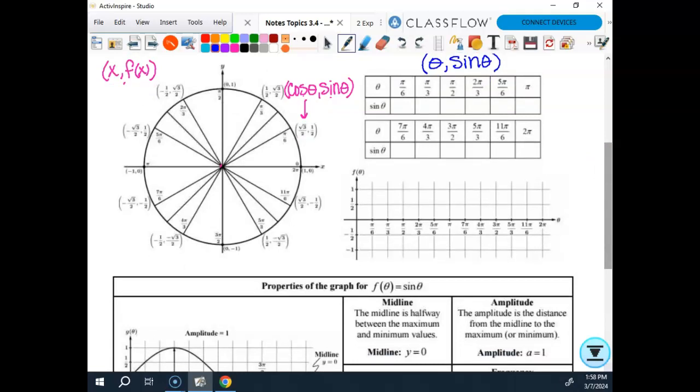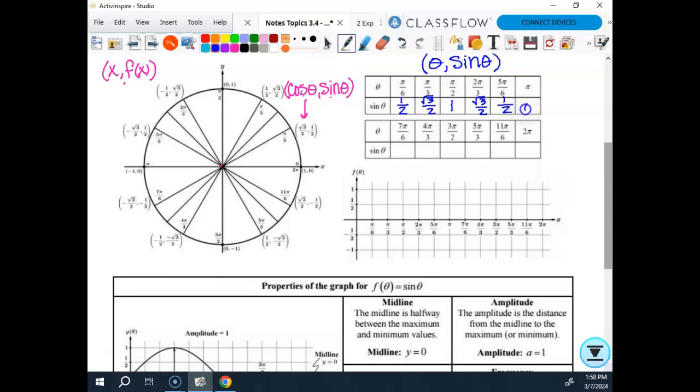So what is the sine of pi sixths? 1/2. Thank you. I know I'm asking you very hard questions. What is the sine of pi thirds? Square root of 3 over 2. Good. Pi halves? That's pi fourths. But that's okay, that happens all the time. 1. Okay. 2 pi thirds? Square root of 3 over 2. 5 pi sixths? 1/2.